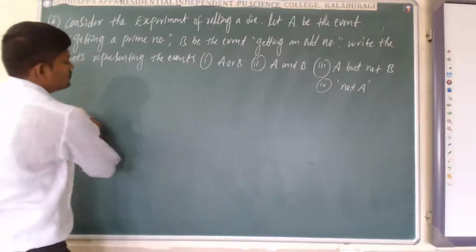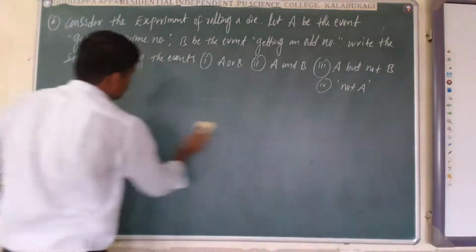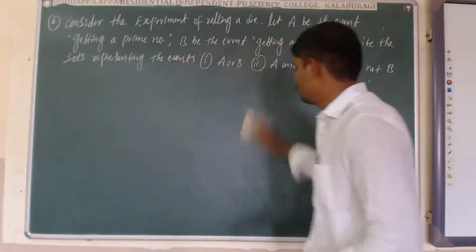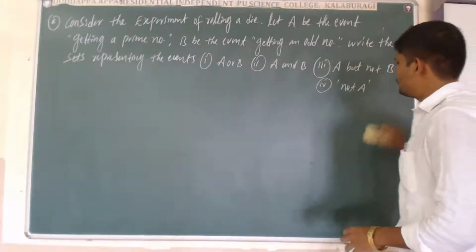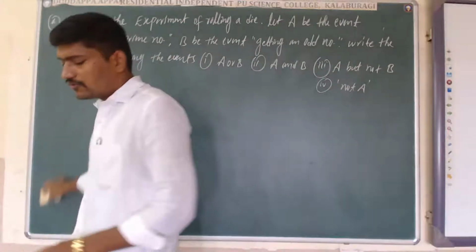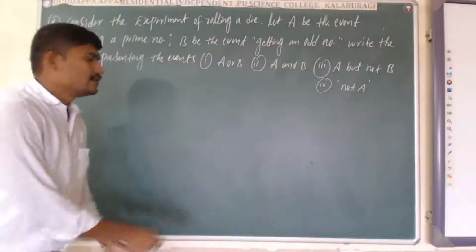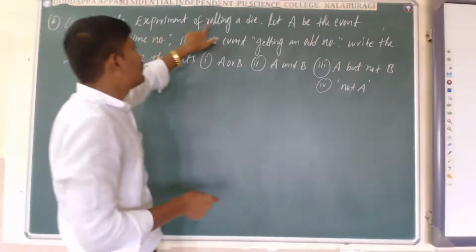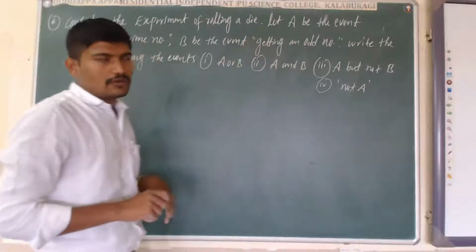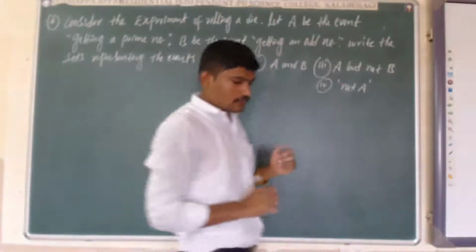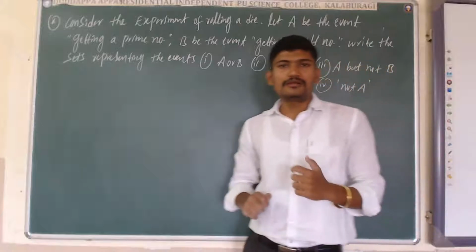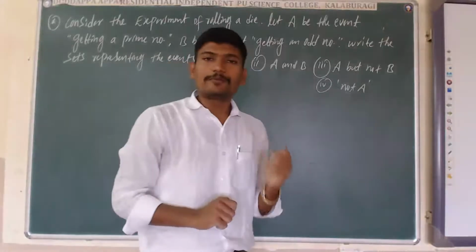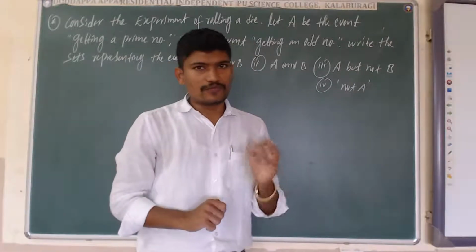Okay, dear students, this is a good example of algebra of events because all the concepts are covered in this problem. So let us discuss. Now listen here. Consider the experiment of rolling a die. When a die is rolled one time, the sample space has 6 elements: 1, 2, 3, 4, 5, 6.